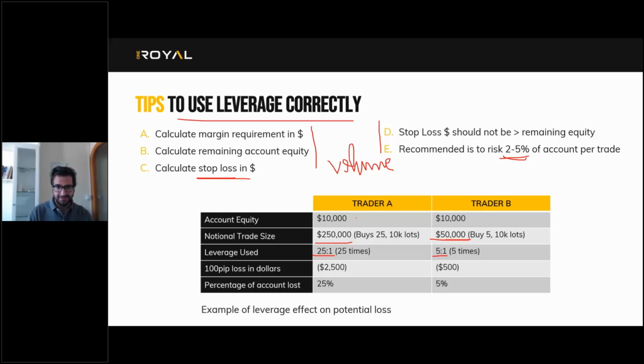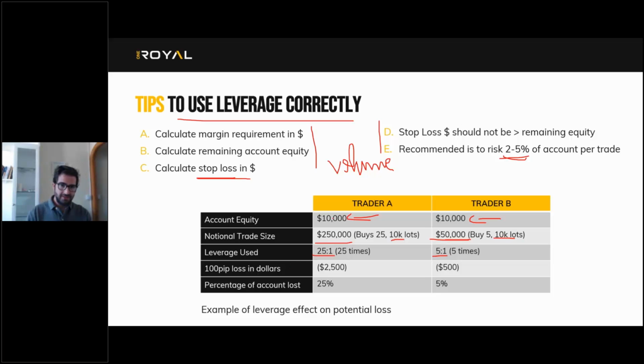Let's say both of them have $10,000 in the beginning. This is their balance. But trader A is willing to buy 25 mini lots. This is a mini lot, not a standard lot. However, trader B is willing to buy 5 mini lots.